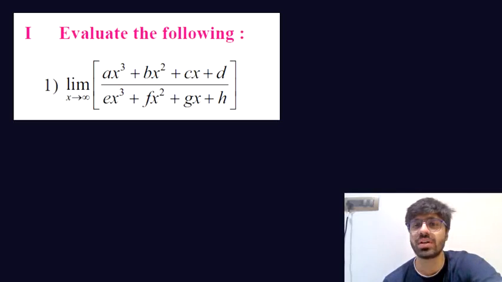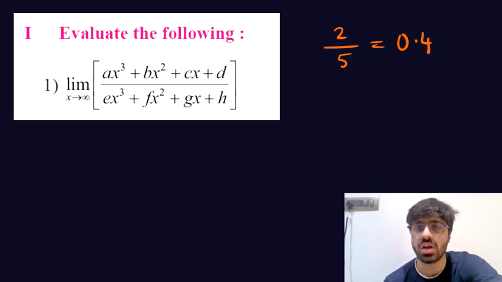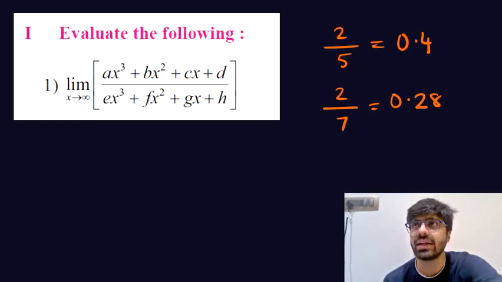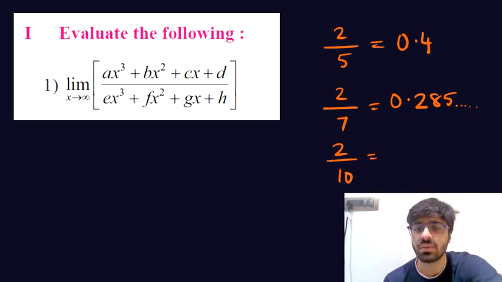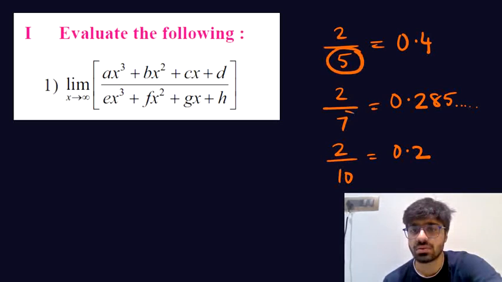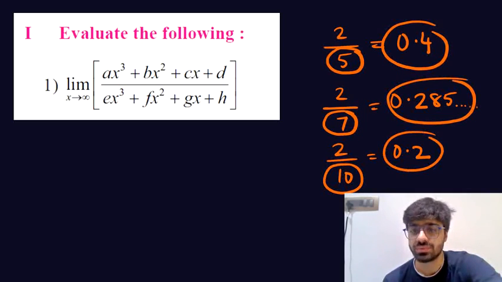Now see, you need to understand that if you divide 2 by 5, the value will be 0.4. Say for example I divide 2 by 7, the value will be 0.28 and something. Then if you divide 2 by 10, this will be 0.2. See, if the denominator increases, the value of that division decreases.